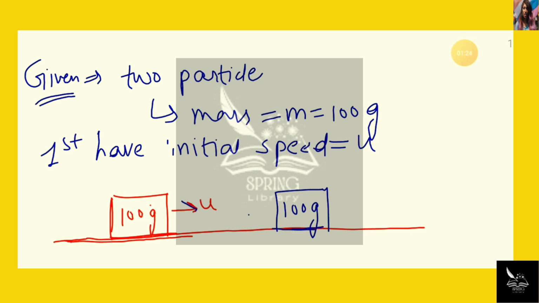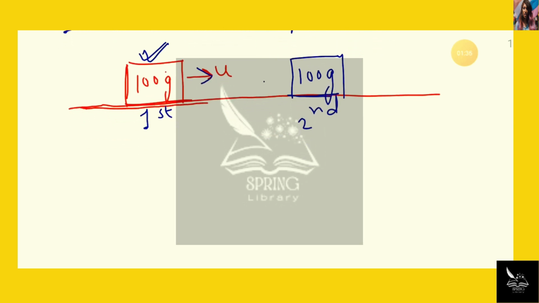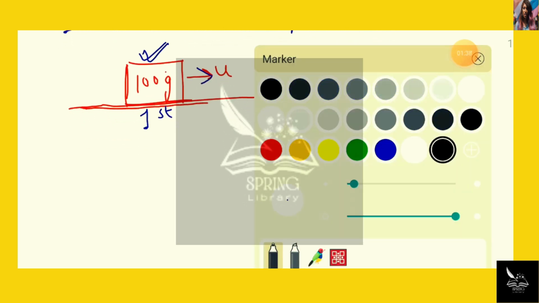So the first particle is going to collide with the second particle, which is initially at rest.